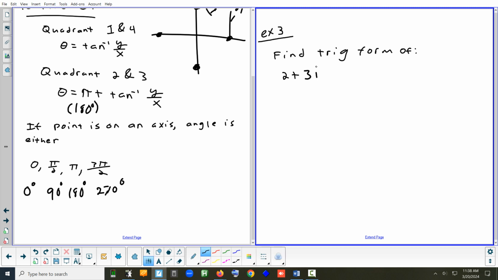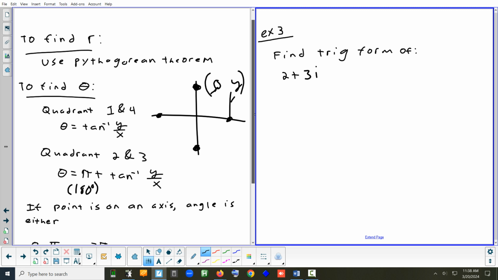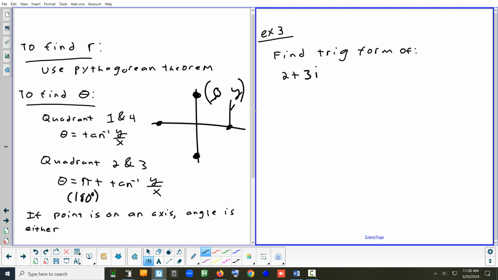Okay, so let's write 2 plus 3i in trig form. Most of the time you're going to get decimals. So if we get a decimal, we'll just round it if we need to. What are the two things that we need to figure out to be able to write this in trig form? R and theta. It doesn't matter which one you do first.